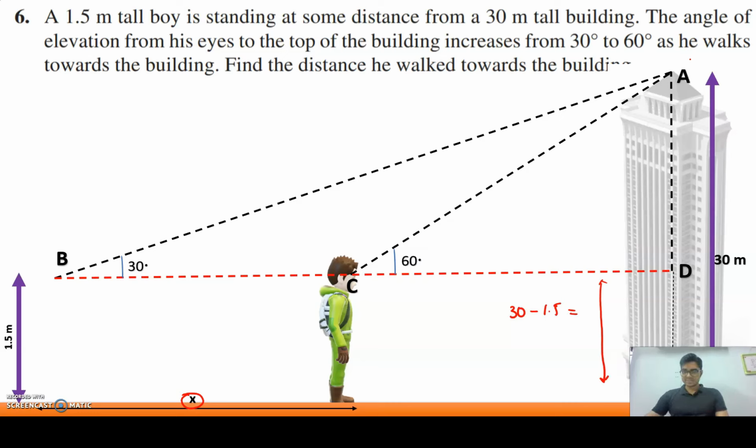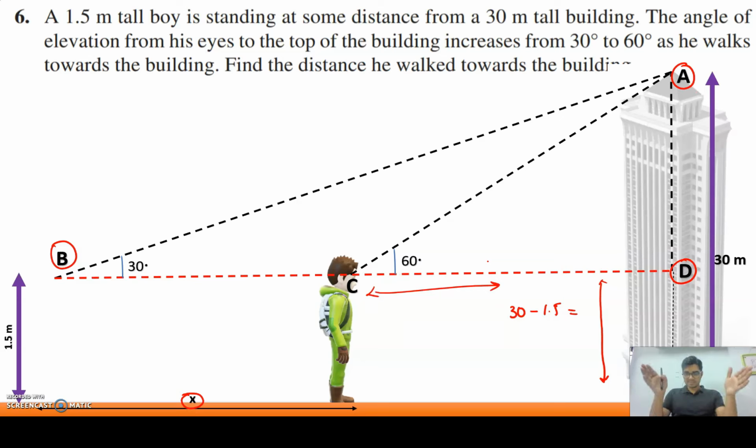Now just try to understand A, B and D. We are going to apply tan 30 degree and we are going to get the entire distance, that means BD. Then we are going to again apply tan theta, that is tan 60 degree this time, in the triangle ACD, and we are going to get this distance CD.